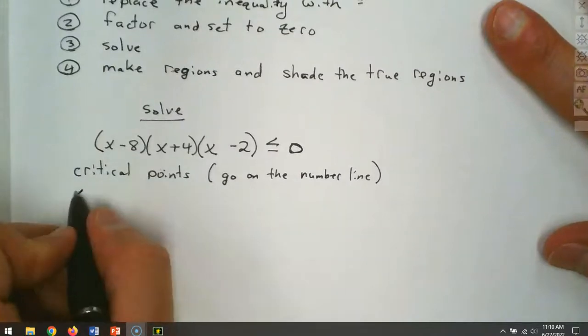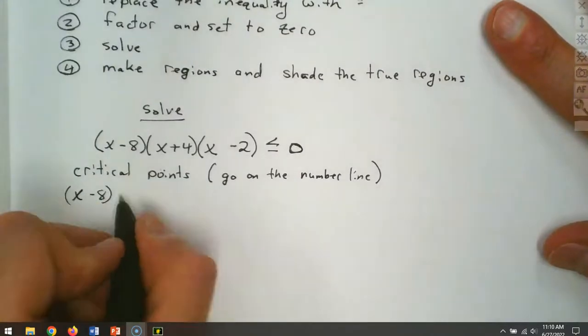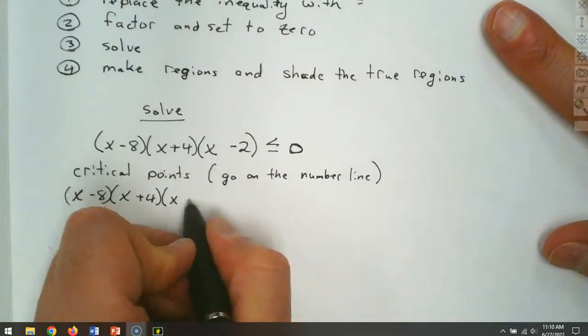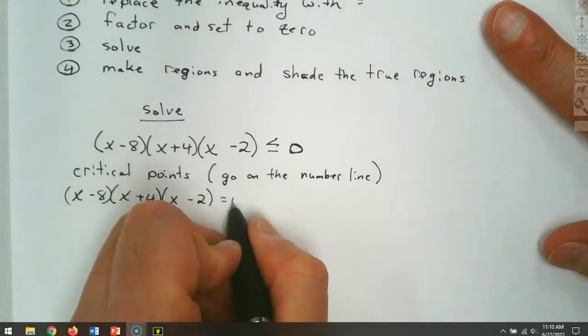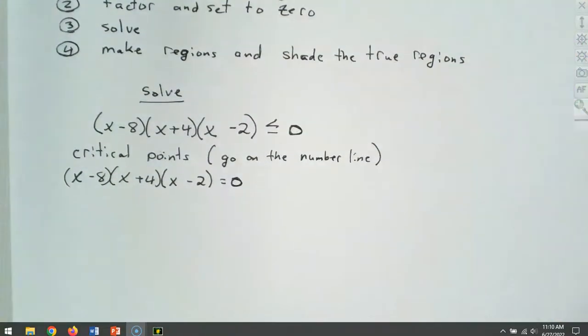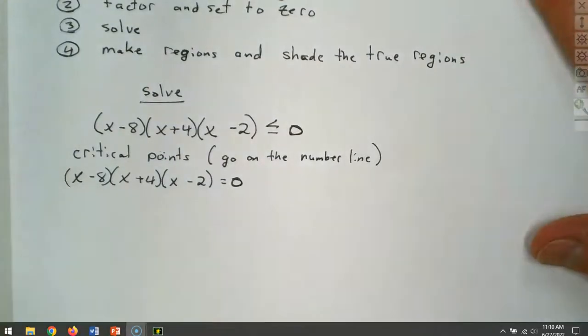So we replace it with an equal sign. That's what we do first, is we replace our inequality with an equal sign. All right. And now we're going to go ahead and get our critical points. So we've got 3 of them in this case.